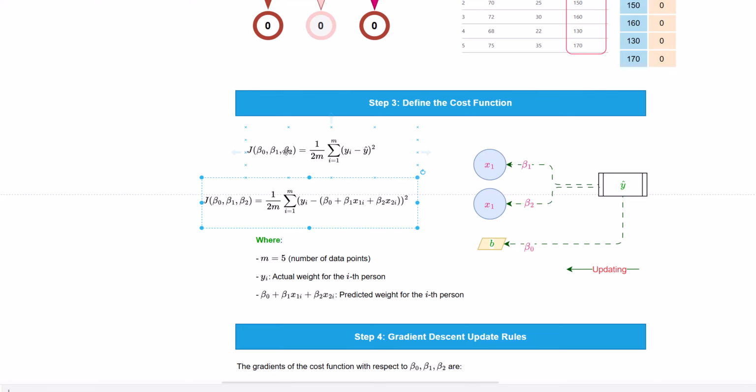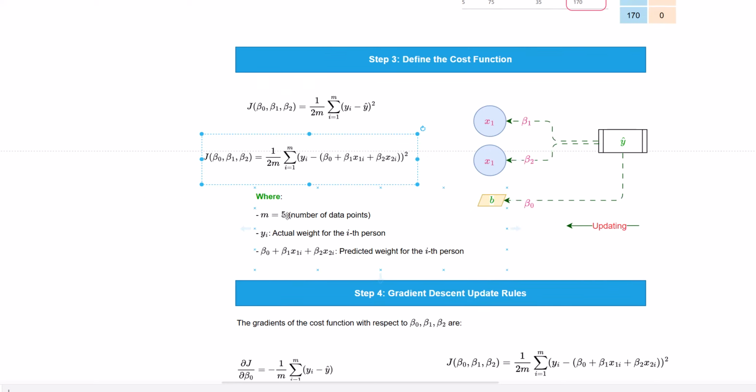It's the same as this function, or formula, but I just replace y hat with this one here. And you can see here, for instance, beta 1 multiplied by x1 i, which means the first element in the table. And I have a summation to go through all the examples.